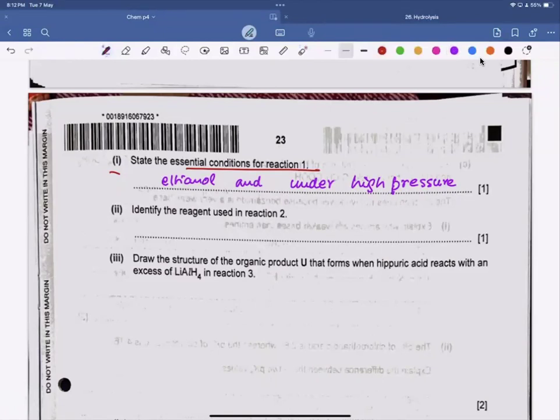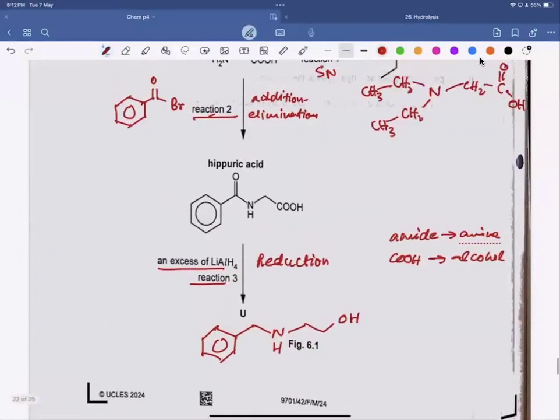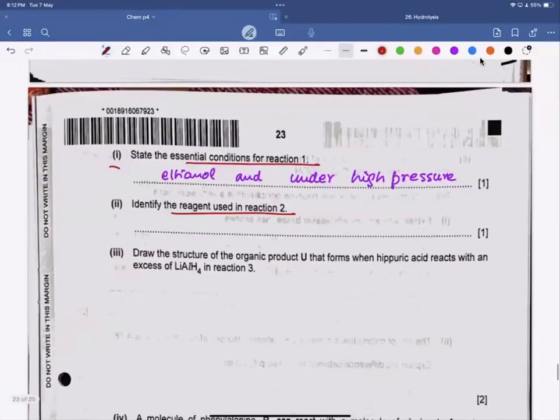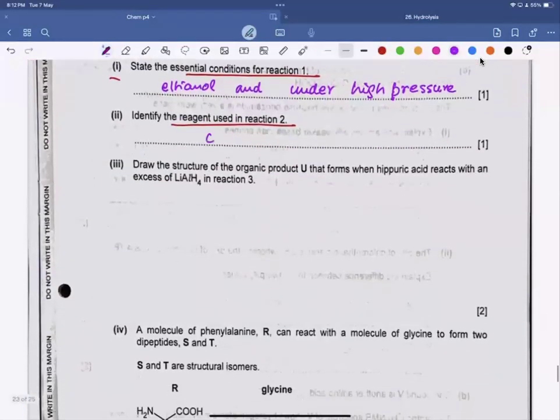Now, identify the reagent used in reaction 2. So, as I have told you, we have identified it as a benzene with the acid bromide or acid chloride. So you will write over here C6H5COBr, or you can write C6H5COCl.